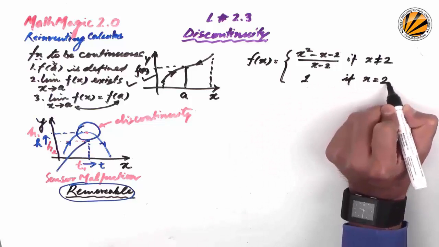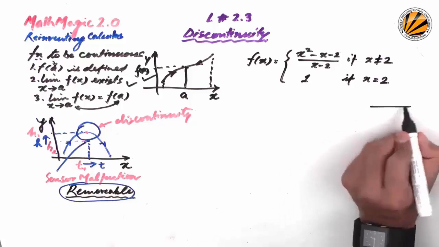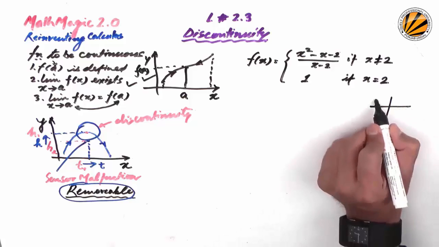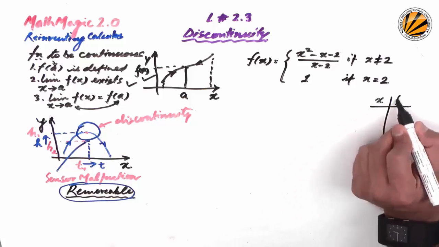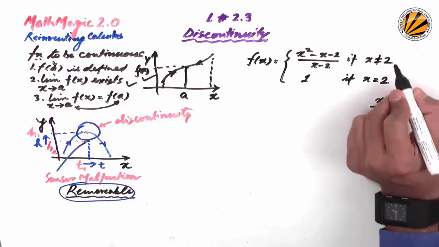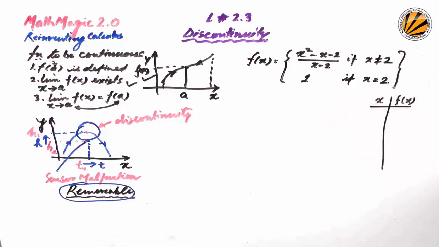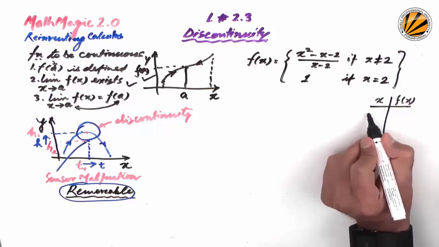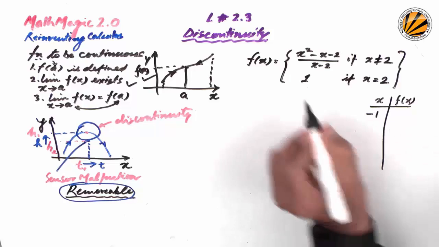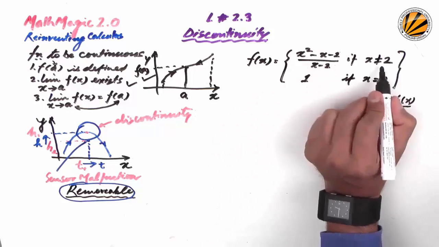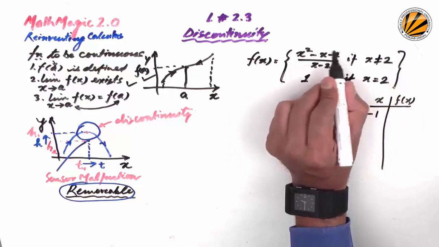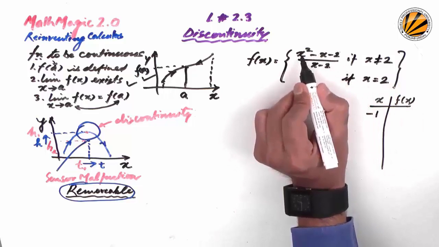Now if I draw the table as we were already drawing, this is the input value and this is the function's value based upon this particular behavior of the function. If it is, say, minus 1, then because it is not equal to 2, you'll have to calculate putting x as minus 1 over here.